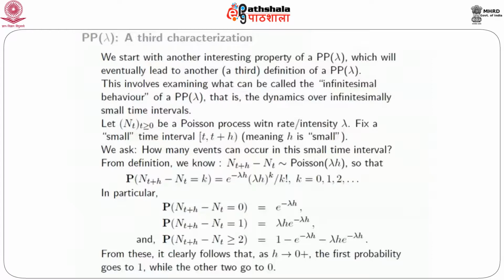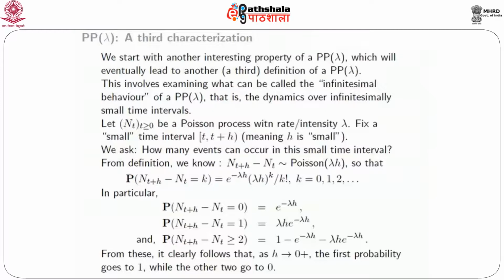So let N_t, as usual, be a Poisson process with rate or intensity lambda. Now fix a small time interval t to t plus h. Of course, that means that h is small, so the length of the interval is very small. What I'm going to ask is, how many events can occur in this small time interval?